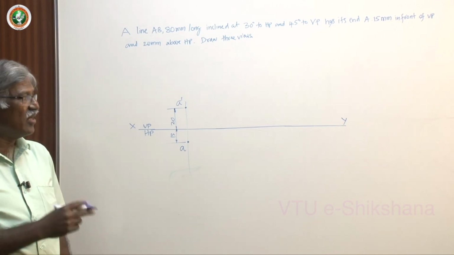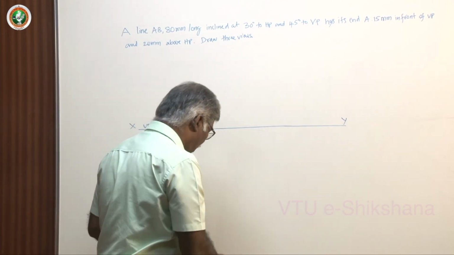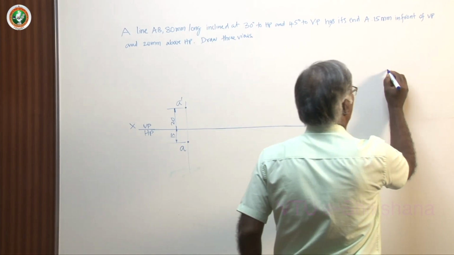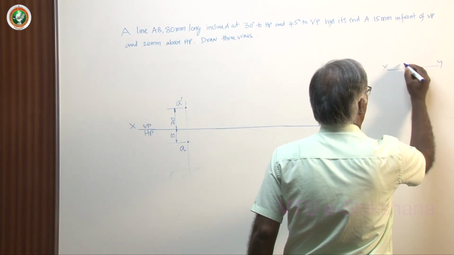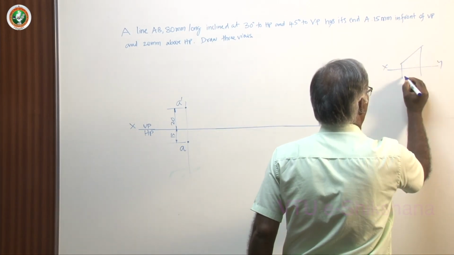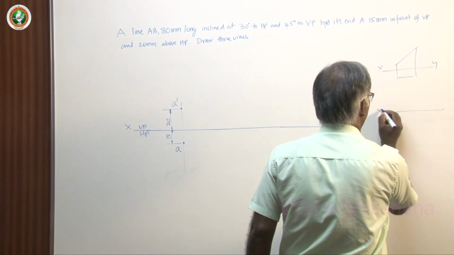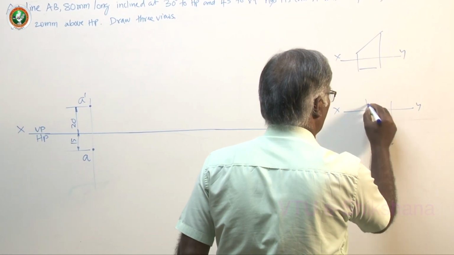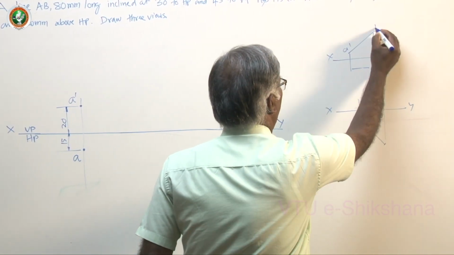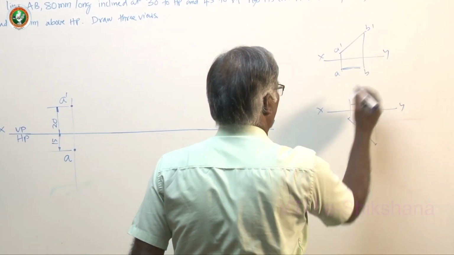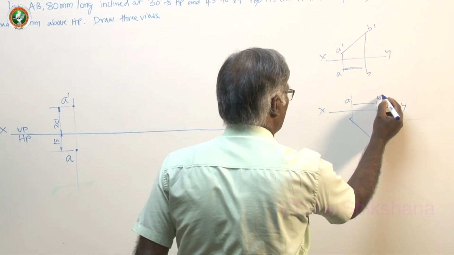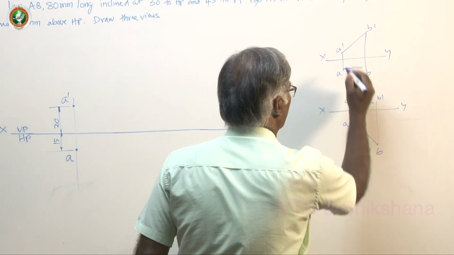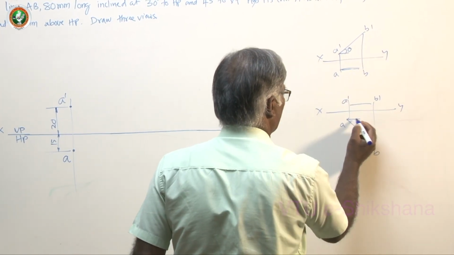And then the inclination to VP. As a prerequisite, let me draw some simple drawings. These two are very important and basic drawings. A dash, B dash, AB. This is A dash, B dash, again AB. This has some inclination to HP and inclination to VP.